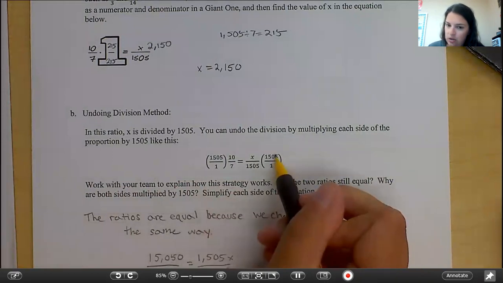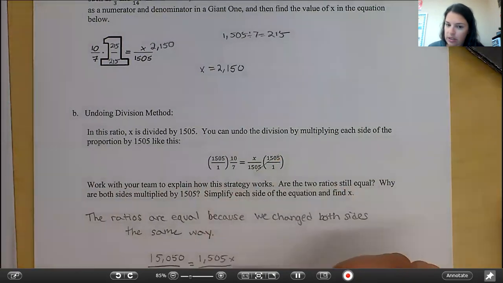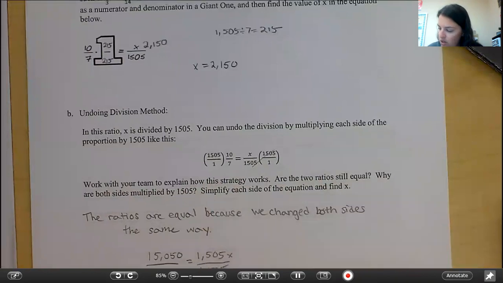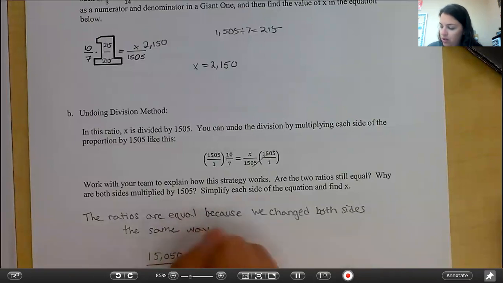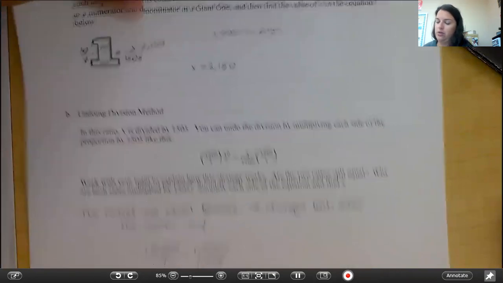Because these are the same, we can cancel them. So on this side, we just have x, and then we would divide our other side by 7, and we get 2,150, which is the answer that we are looking for.